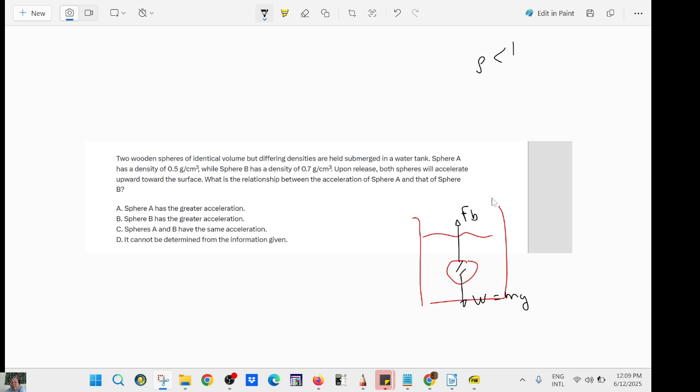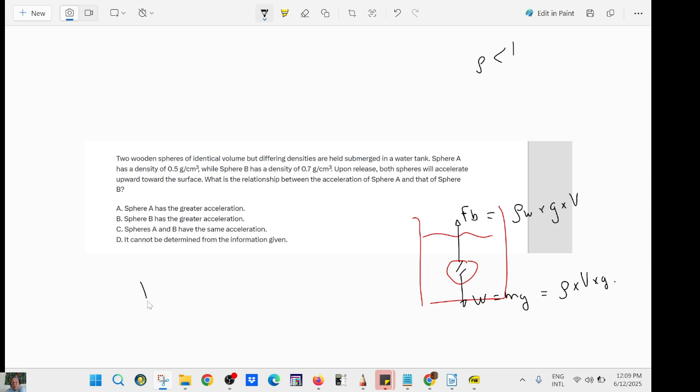So in both cases, the buoyant force will be the same because it only depends on the volume, and the volume is the same. So it will be the density of water times g times the volume. So the buoyant force is the same. That will not be the same, it's the mass. And this one has a smaller mass, so of course it's going to accelerate more. So the mass here will be the density of the object times the volume times g.